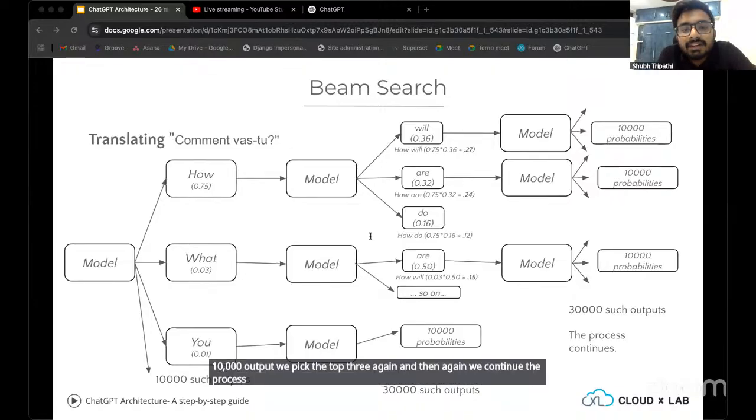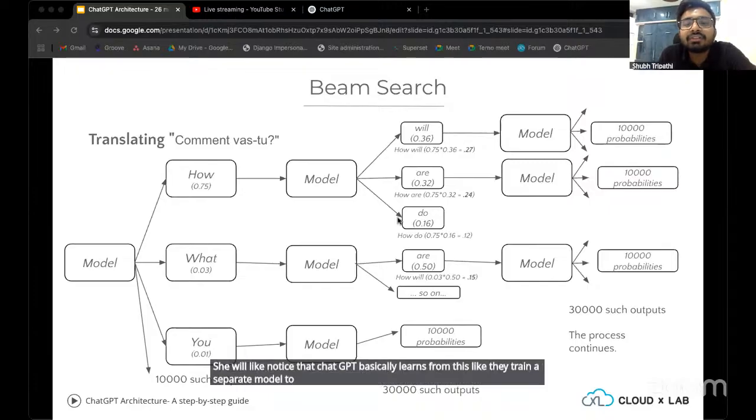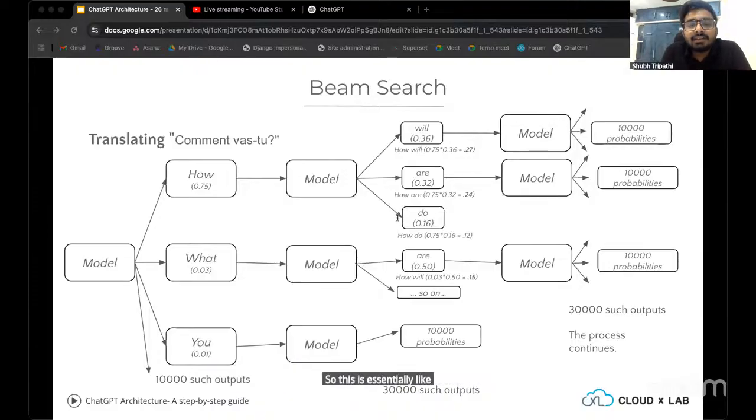If you look at it, it's like a branching process where the model is learning to pick and choose. Essentially this is similar to reinforcement learning, but not exactly. ChatGPT basically learns from this: they train a separate model to pick the right sequence and fine-tune the selection of the last word. So this is essentially beam search. I hope it is clear.